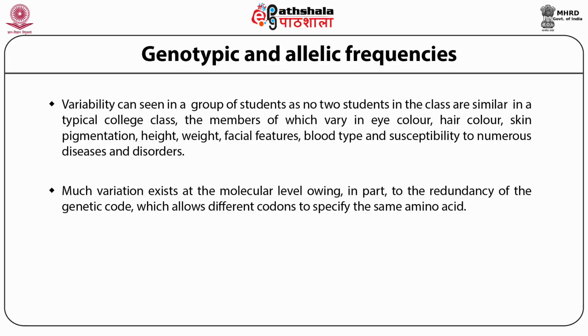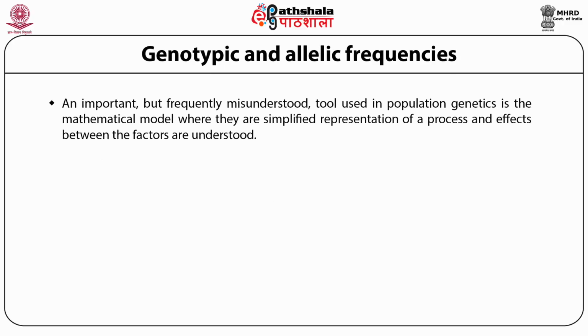Thus, members of a population can produce the same protein even if the DNA sequences are different. An important but frequently misunderstood tool used in population genetics is the mathematical model. Models are oversimplified representations of a process and effects between the factors.